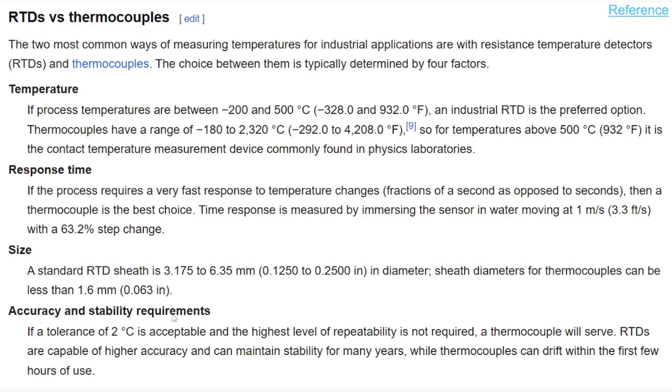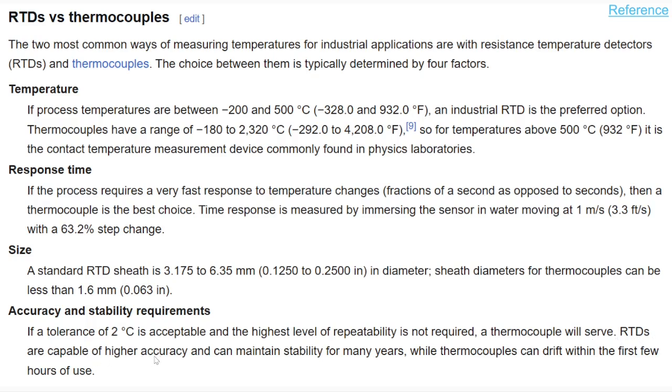When it comes to accuracy, RTDs are more accurate because, okay, let's learn about it. If a tolerance of 2 degrees Celsius is acceptable and the highest level of repeatability is not required, a thermocouple will serve.